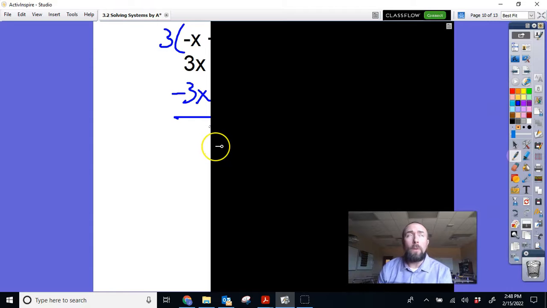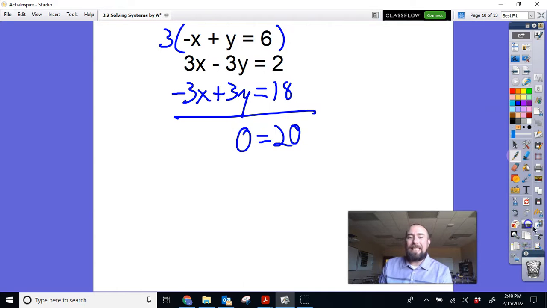Again, the whole goal is that you make one of the variables cancel out. You force it to happen. This is not, again, some kind of magical math process. What is amazing, yes, I know I'm a nerd, what's amazing about this one is that the 3 times the y also gives me an opposite for the y, because there's a -3y and a +3y.